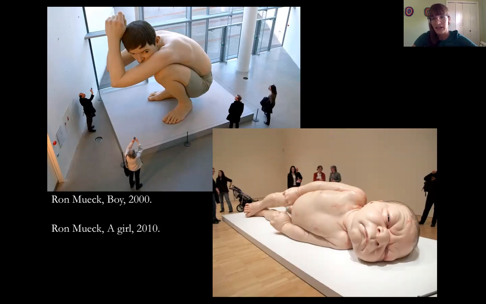They're covered in slime and goo, amniotic fluid. So making this on a large scale maybe gets us to think more about the process of birth, birthing, and also the human body as a baby. But also just gigantic scale, a huge scale for this artist.